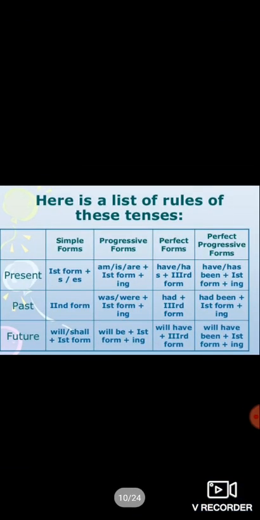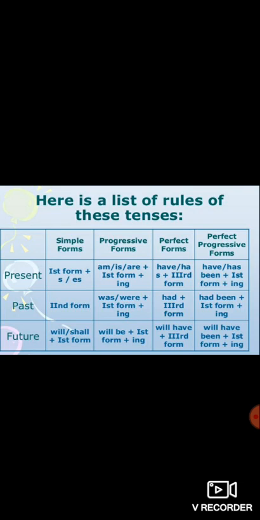So here is a list of rules of all these tenses in all four aspects, showing which helping verb we use and which form of verb is used. So this is the list. One by one we will read it in detail.